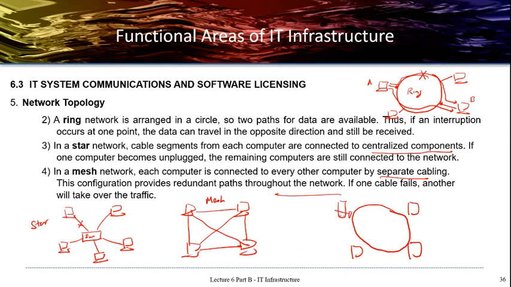And then inside the building, you wire like a star for each computer, where you put a switch there and then you have a star. So now this is a ring and this is a star. Practically, this type of network is possible.